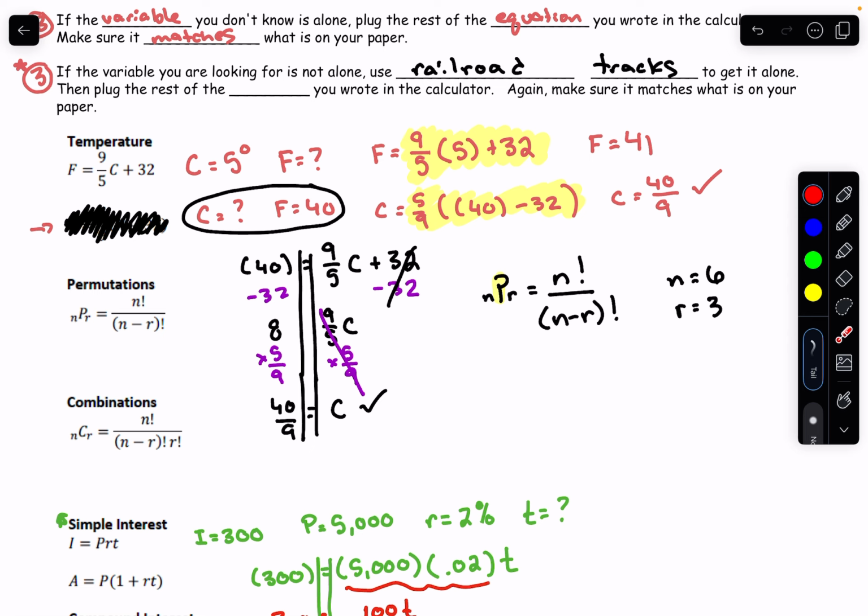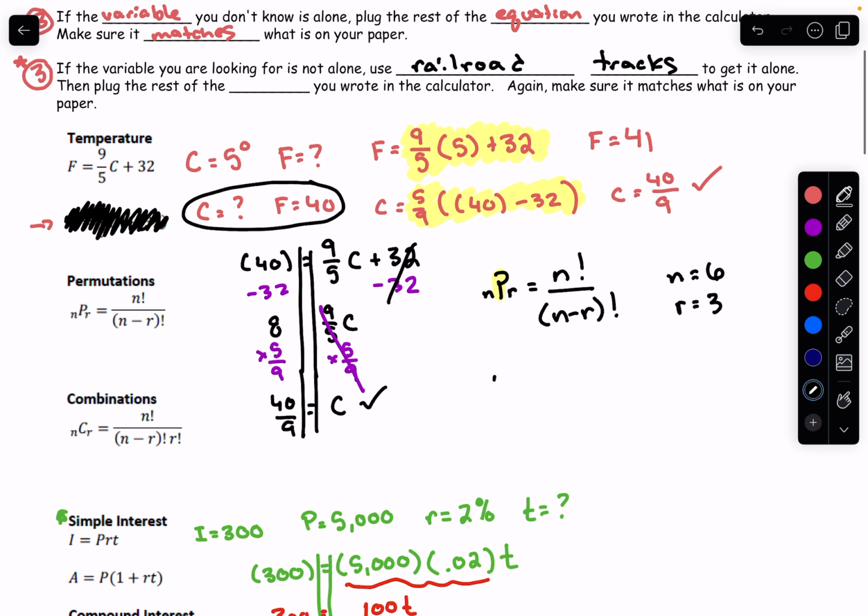So P in this case isn't a variable, even though it kind of looks like one. When you plug in your n and your r, you get 6P3 equals 6 factorial, over (6 minus 3) factorial.